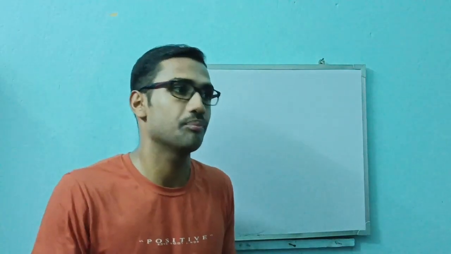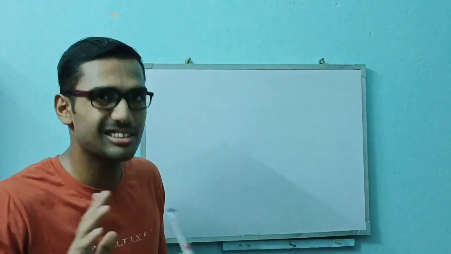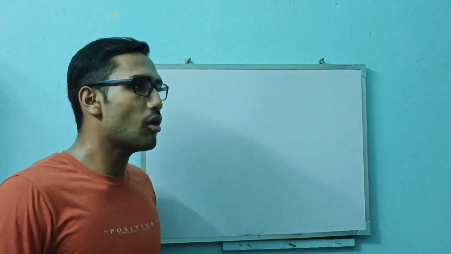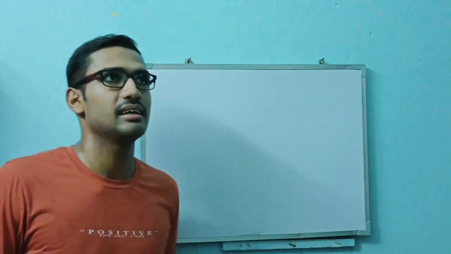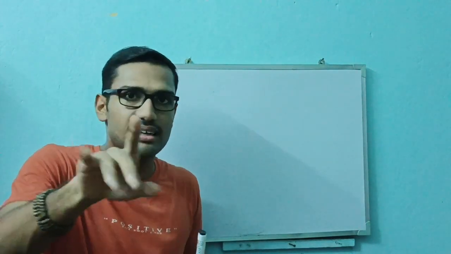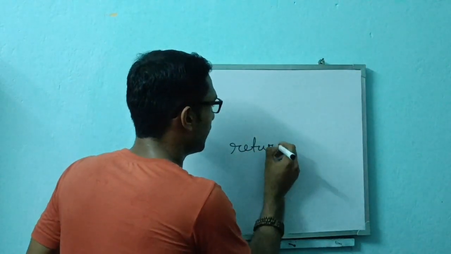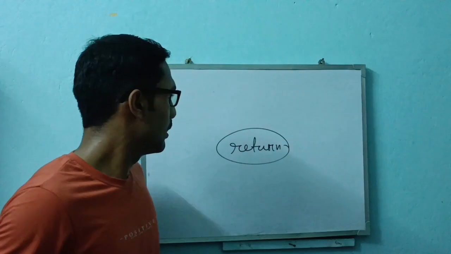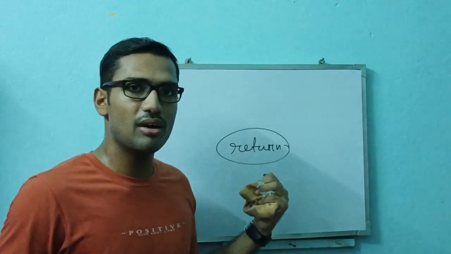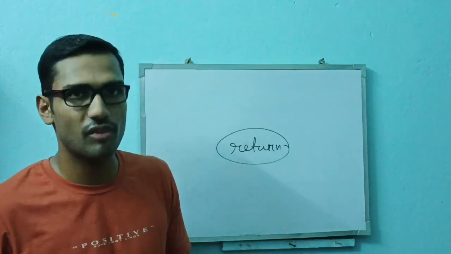Let's focus on it. As I told you, a void function is a function which does not return anything. So how can we specify that it will not return something? The answer lies within this particular keyword, the return keyword. This is the keyword which actually tells us whether that function is a void function or a non-void function.